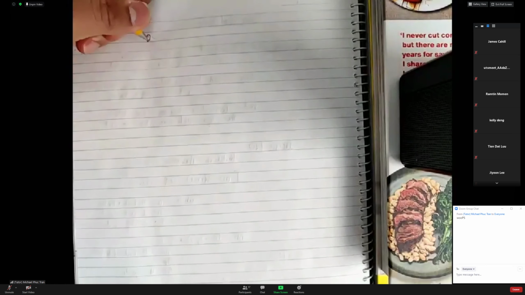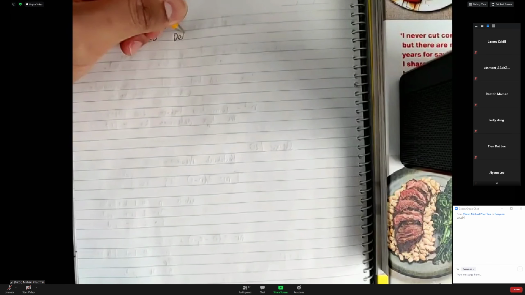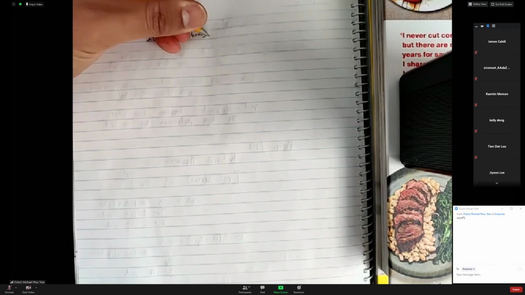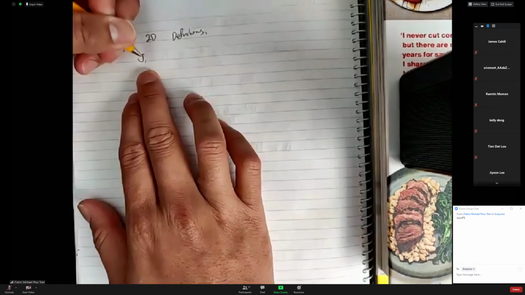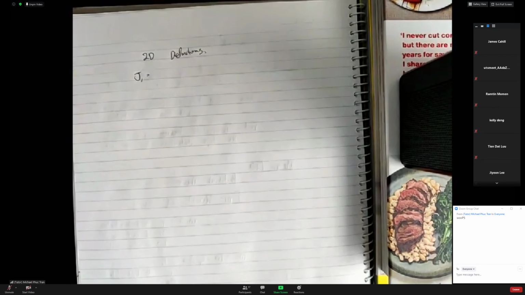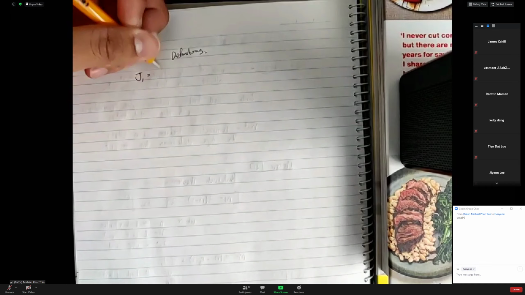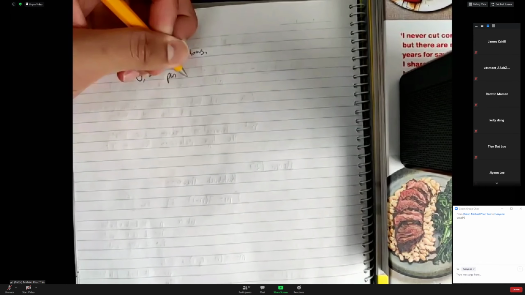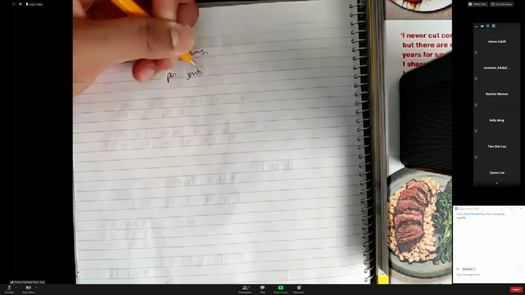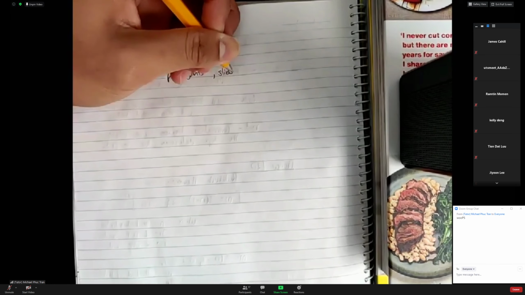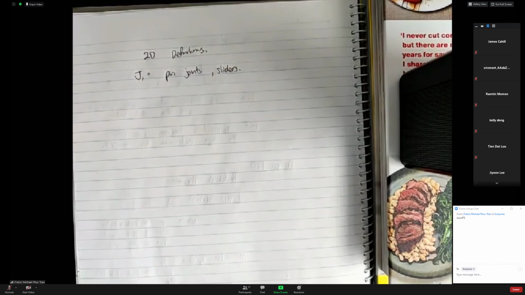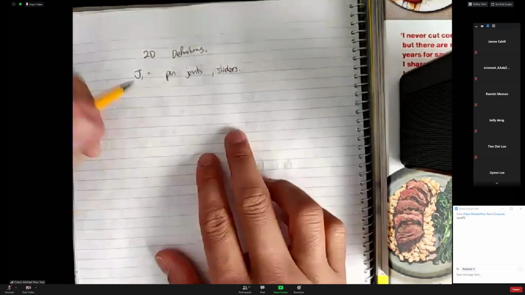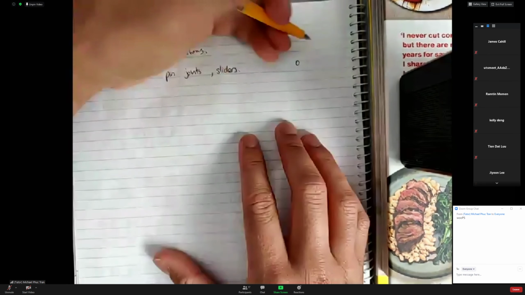All right, other definitions that you need to know. So J1, these will typically be your pin joints and your sliders. A pin joint is just that one there, and it can rotate.